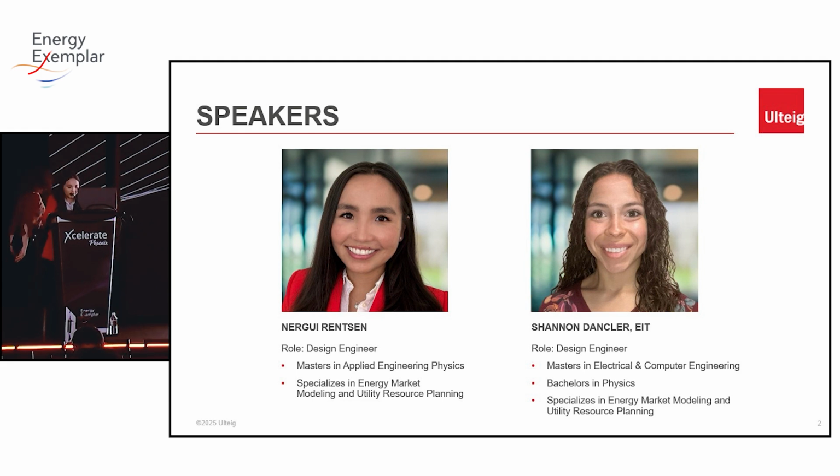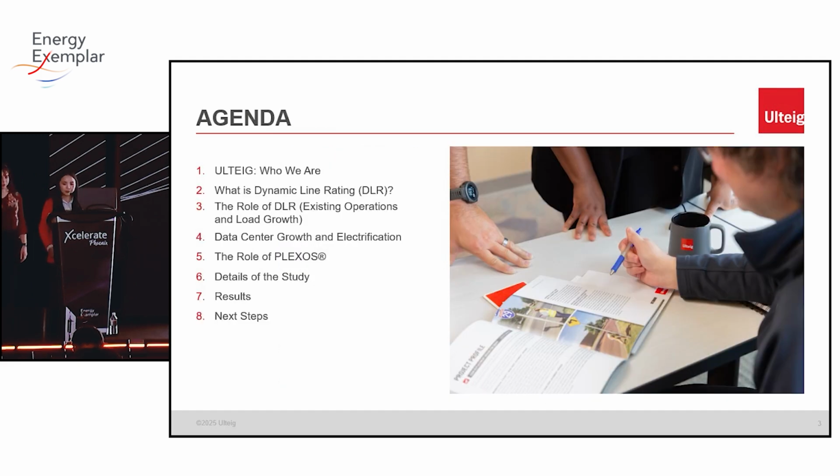Okay, thank you, Shannon. So, let me briefly walk you through today's agenda. First, we will begin by introducing Ulteig, who we are and what we do. Then we will cover what dynamic line rating is and the importance of dynamic line rating. From there, we will discuss the role of dynamic line rating, followed by data center growth and electrification.